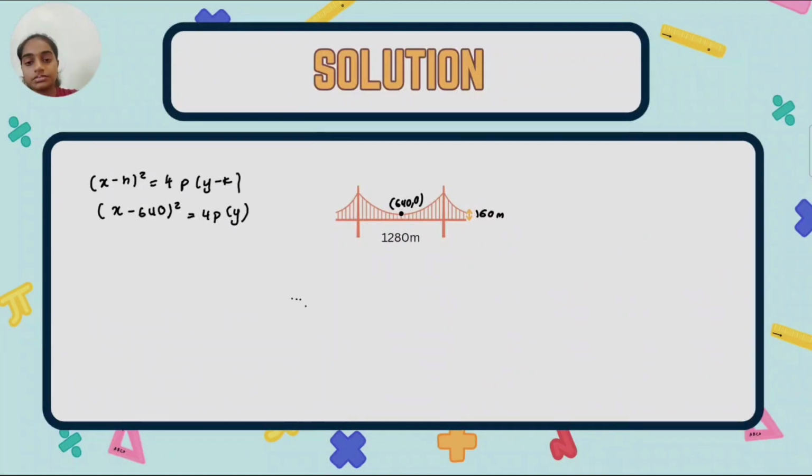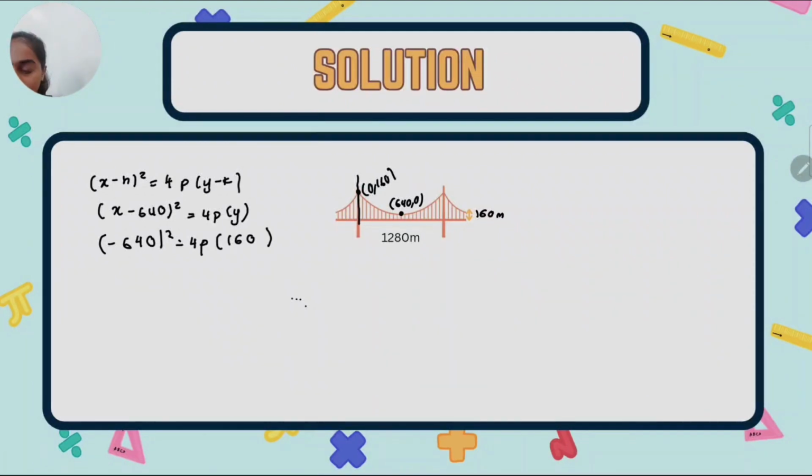In that question, they state that it is 160 meters above the road, so that will be over here. Now we can substitute that value into this equation. x is equal to 0, as you can see, and y will be 160.